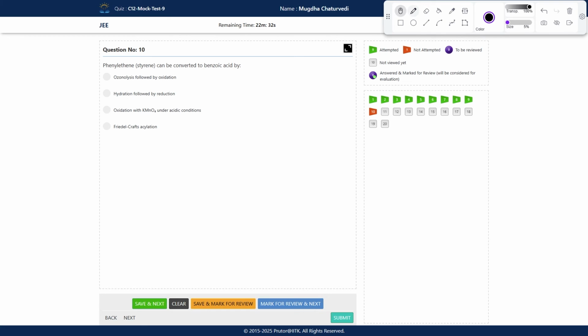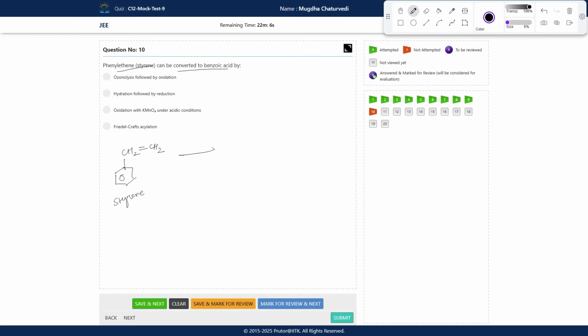Next question, it is saying phenylethene, which is also called styrene, can be converted to benzoic acid by. So if you see over here, to this benzene ring, you have CH2 double bond CH2. So this is phenylethene, or you can also call it styrene.